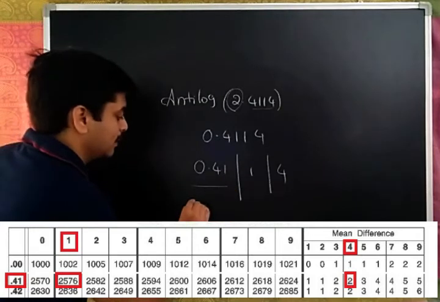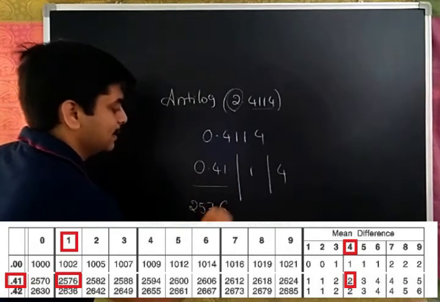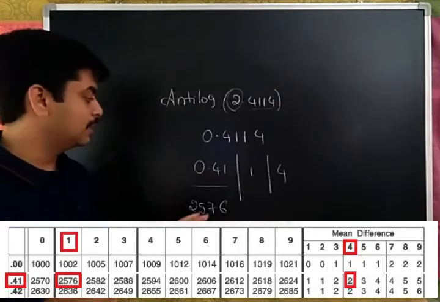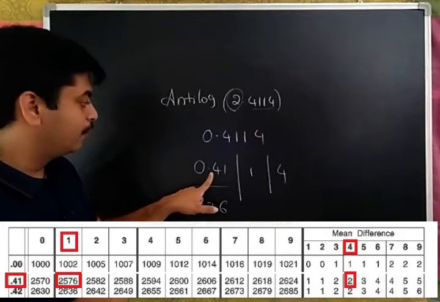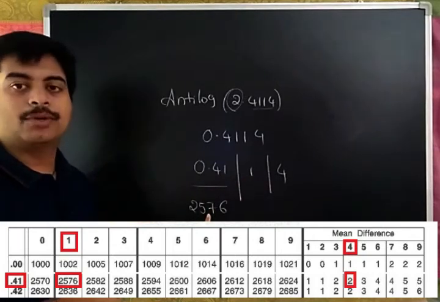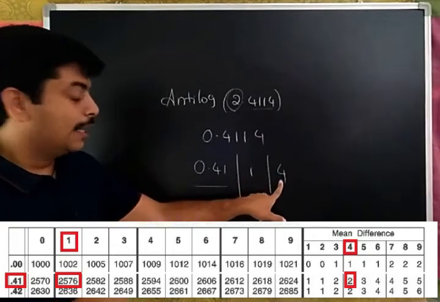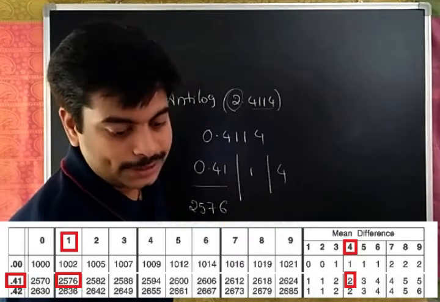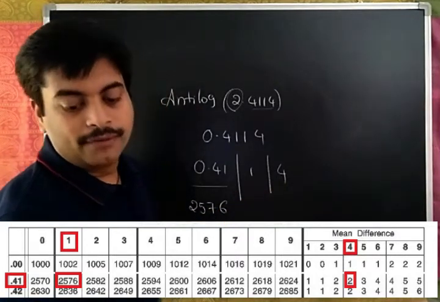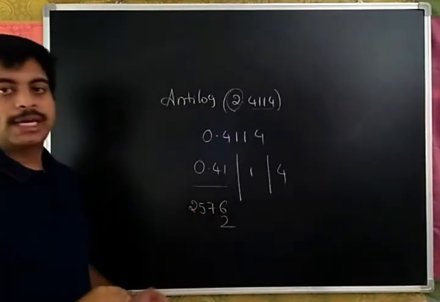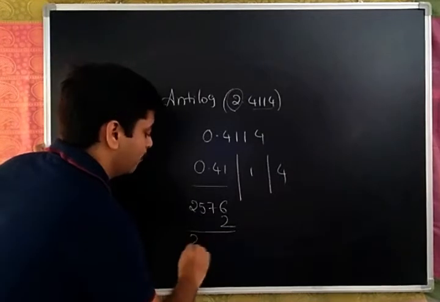This value is given as 2576 in the anti-logarithm tables available in the description. At the 0.41th row, the first column has the number 2576, and for a mean difference of 4, we have the value 2. So add that 2 to that number. We get 2578.